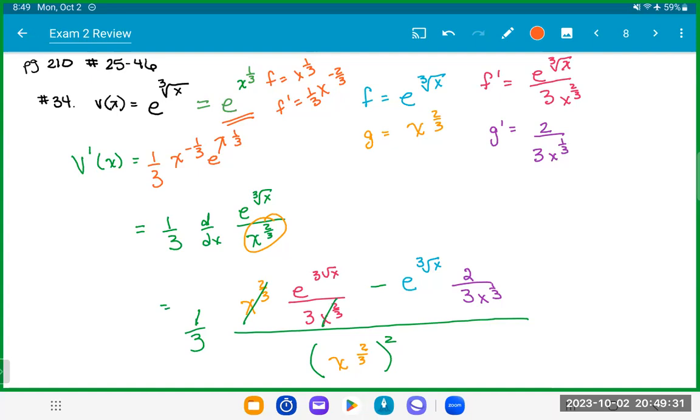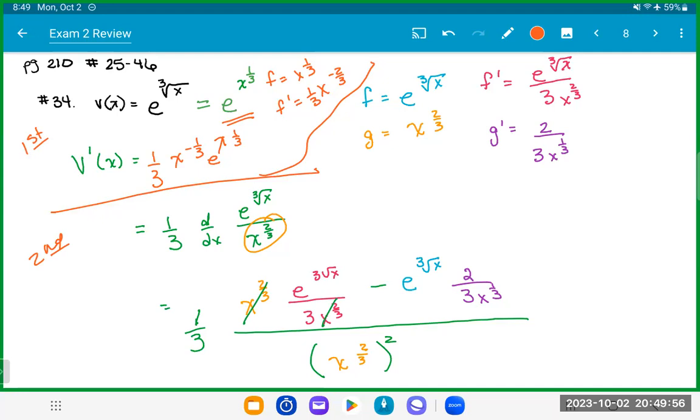Actually, what this problem was doing is we took this first derivative and then we took a second derivative. So this portion right here is for the first derivative, and the rest of it is for the second derivative. So taking the derivative of the derivative.